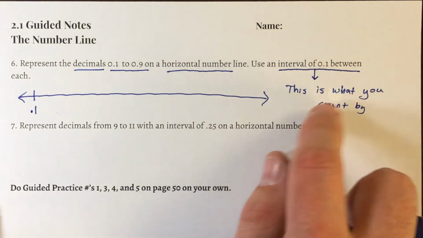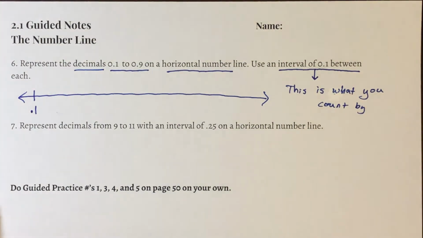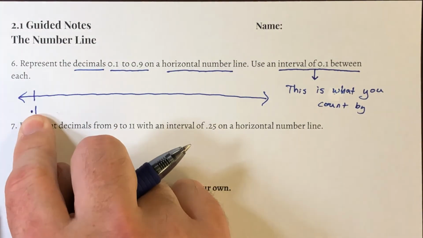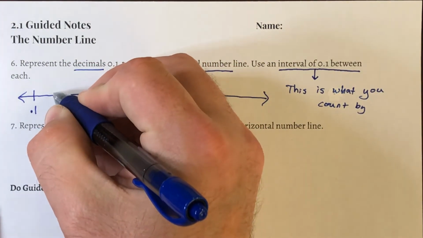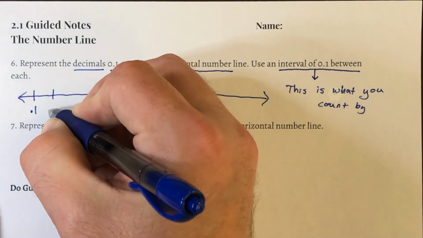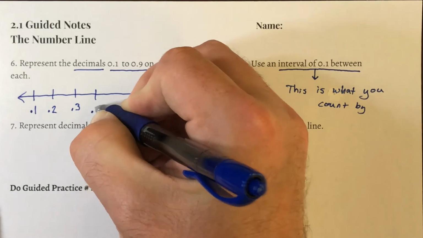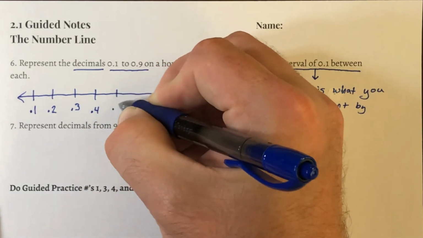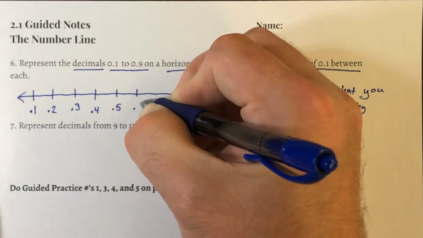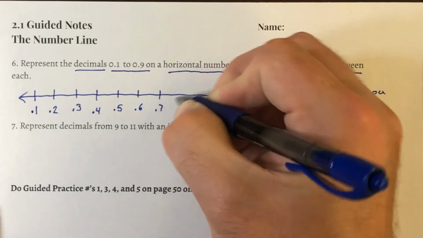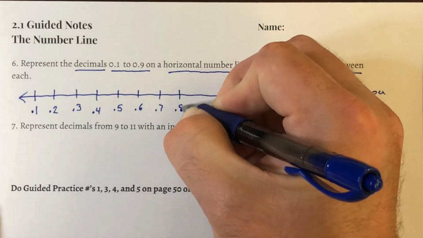I want to count by 0.1 or 1/10. So I have 1/10. Next comes 2/10. Next, 3/10. Then 4/10. Then 5/10. 6/10. 7/10. 8/10.